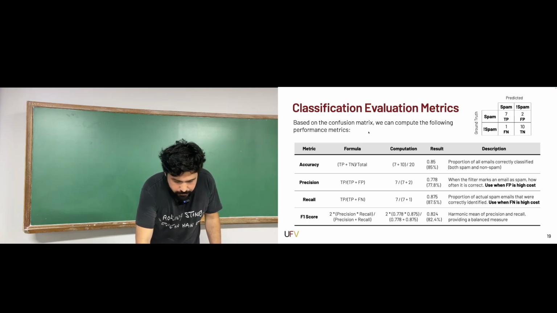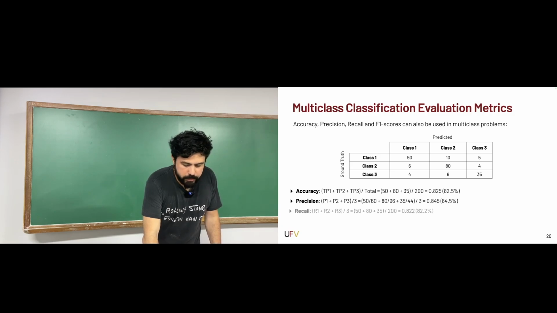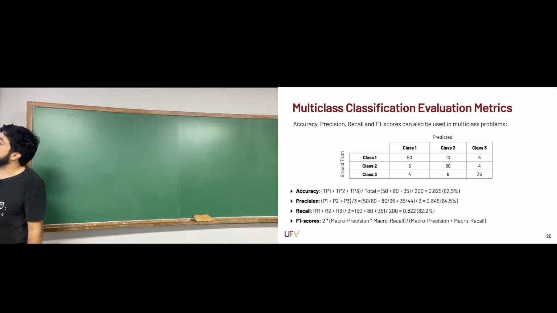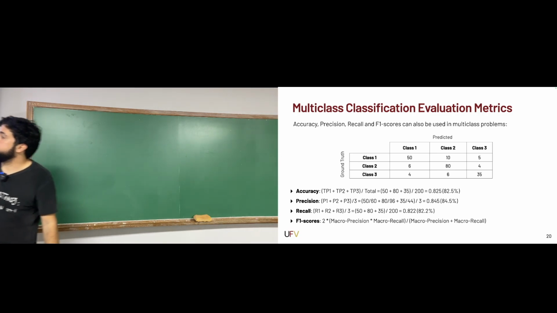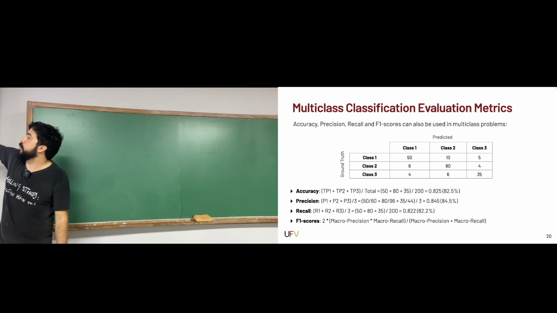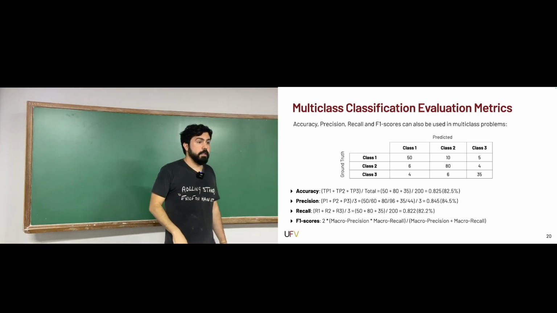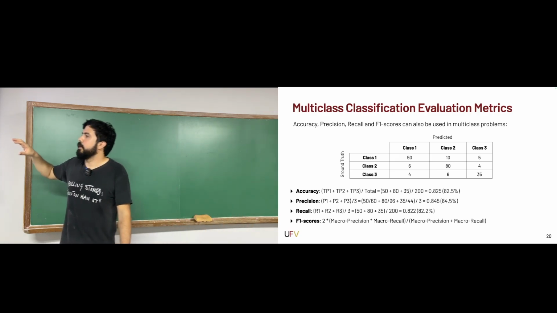Okay, finally, we can generalize these metrics for multi-class. You don't have to be limited to binary classification problems. You can compute accuracy, precision, recall, and F1 scores in multi-label classification or multi-class classification problems. And here's an example.